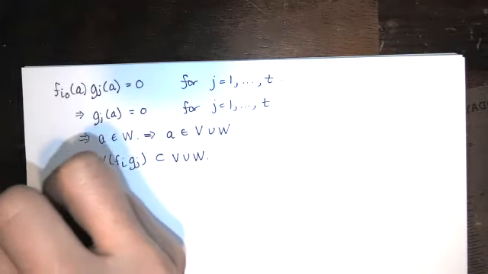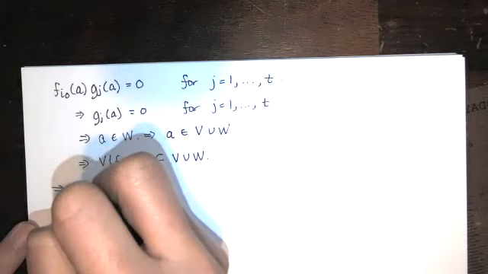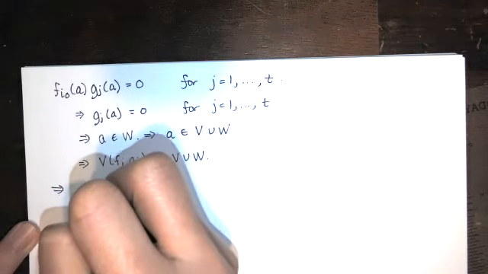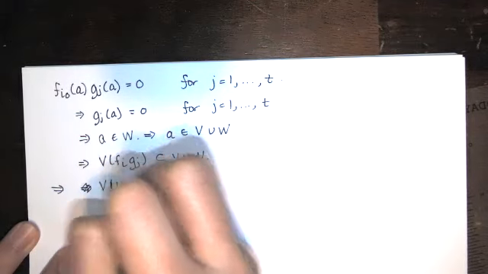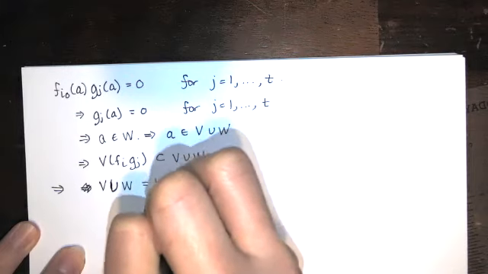So I guess I should put that over here. So the union of V with W is equal to this.